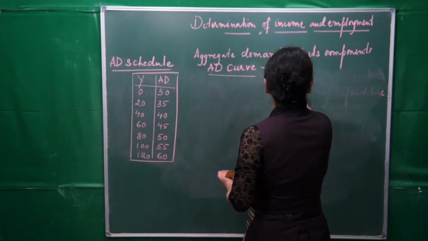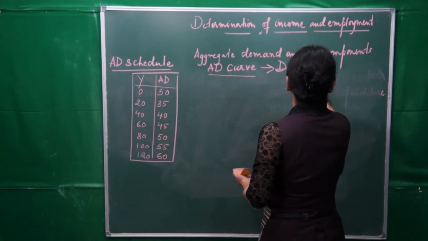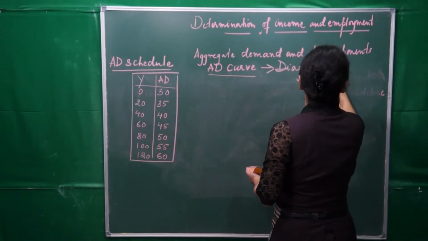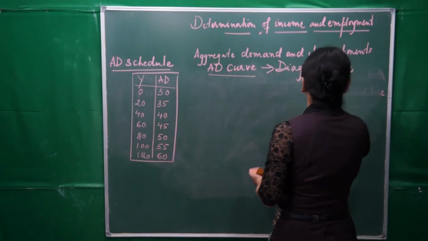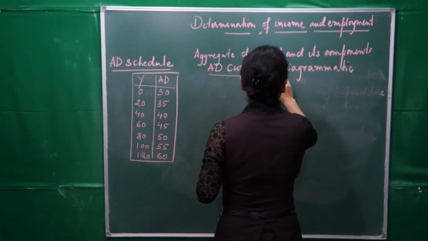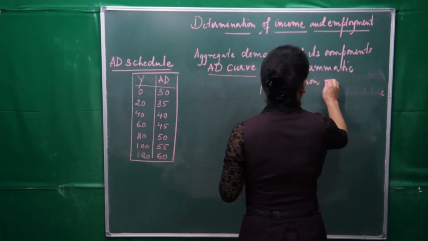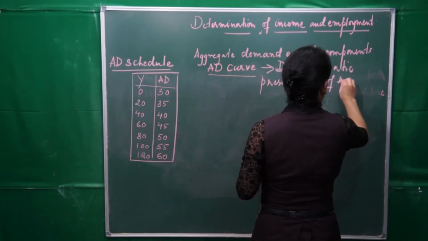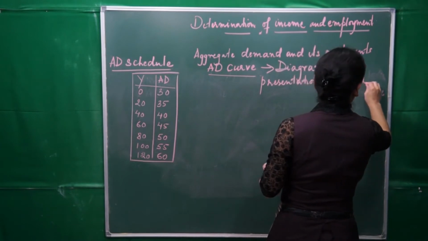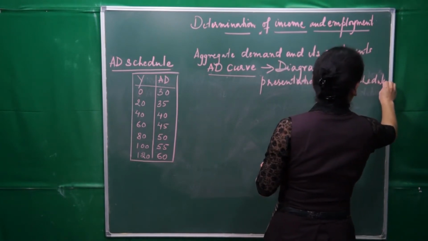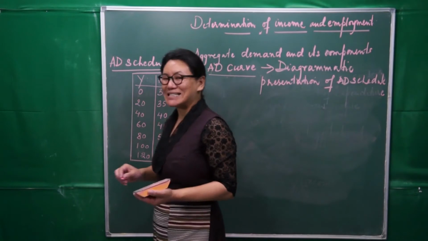We can say it is a diagrammatic presentation of, very simple, the AD schedule. It is called the AD curve.